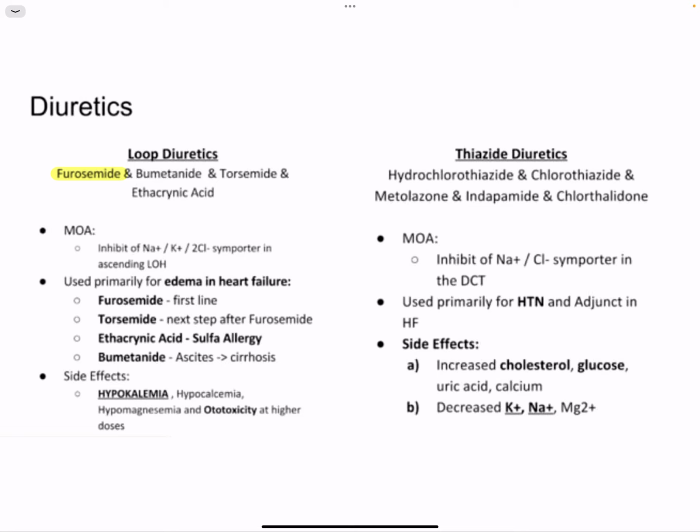One difference may be the duration of action. Torsemide is long acting. The patient may need it once a day instead of the twice a day preparation of furosemide. One more important thing that you will notice in your clinic: the patient will tell you, doctor, I use this drug in the morning.